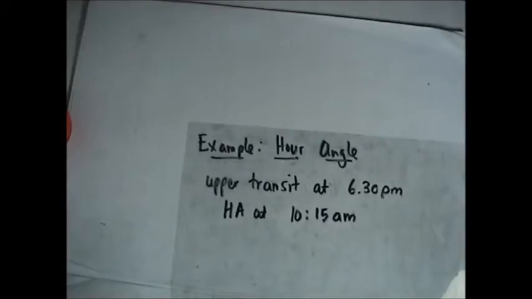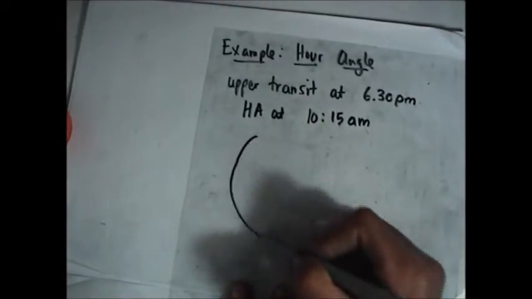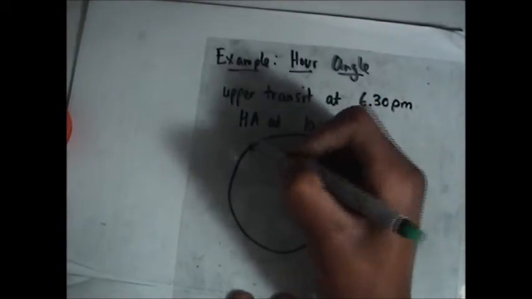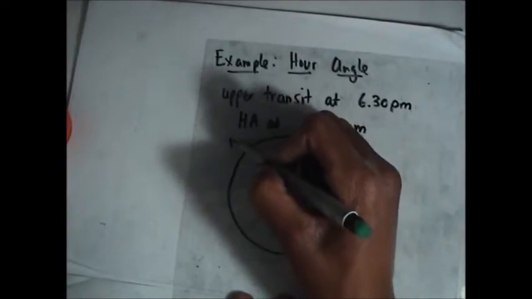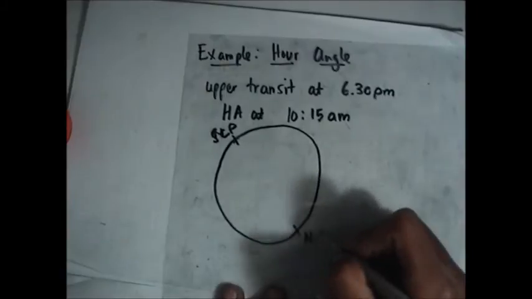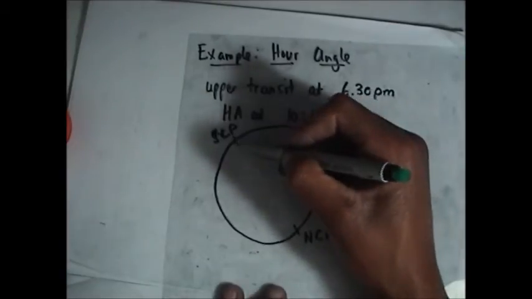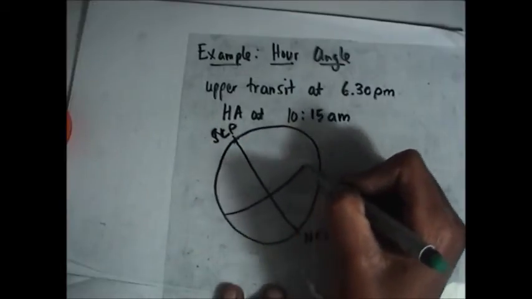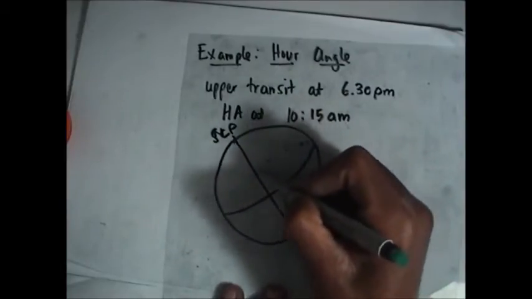The next day. So basically, let me draw my sphere, for it to be easy to explain. I'm just going to call this the south celestial pole, and here I'm going to put the north celestial pole. This is going to be my celestial axis, and I'm going to draw my celestial equator like this, and it goes right at the back.